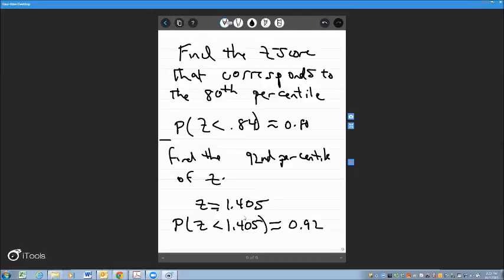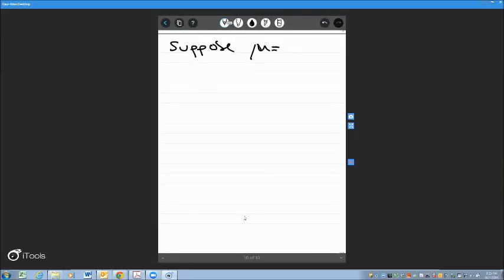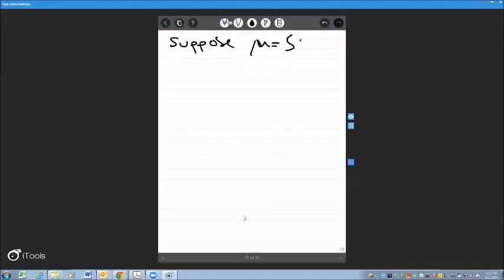Well, let's kind of put that in context now with one final example. Let's suppose that my mean is 50 and my standard deviation is 10. Let's find the x value.